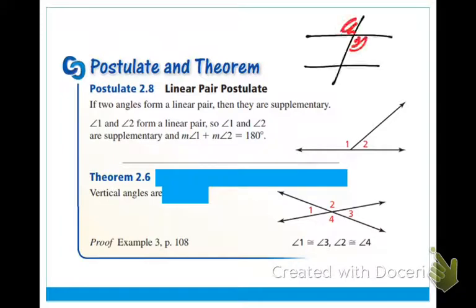So 1 and 4 would be vertical. What would 2 be vertical with? 3. You don't have to highlight them because you only have 2 colors. What about 5? What would 5 be vertical with? 8. So that means 6 and 7 would also be vertical.